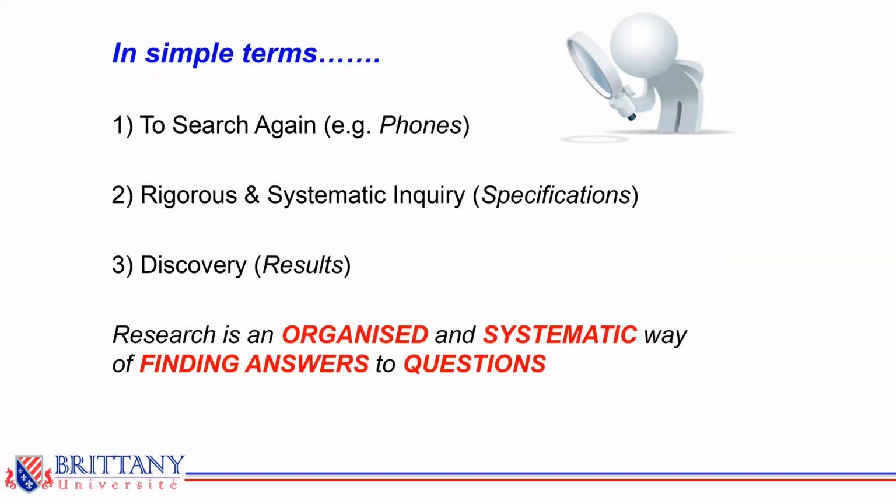To search again. As I mentioned, you must identify a problem, then you find the solution, right? That is research. Research is also rigorous and systematic inquiry. So there are many problems in the world, but we don't follow the systems to find an answer. But in an academic research, it has to be very systematic.